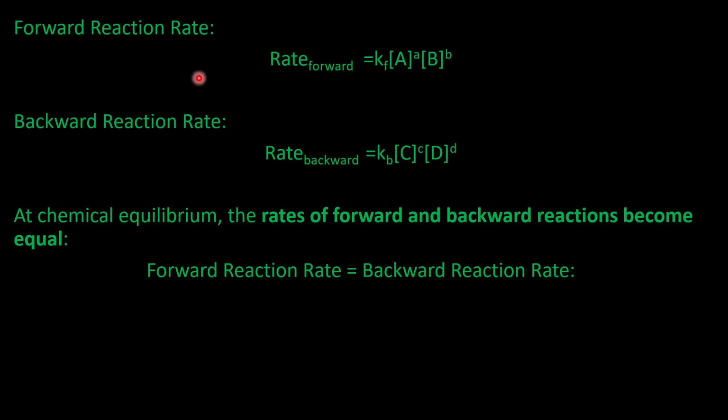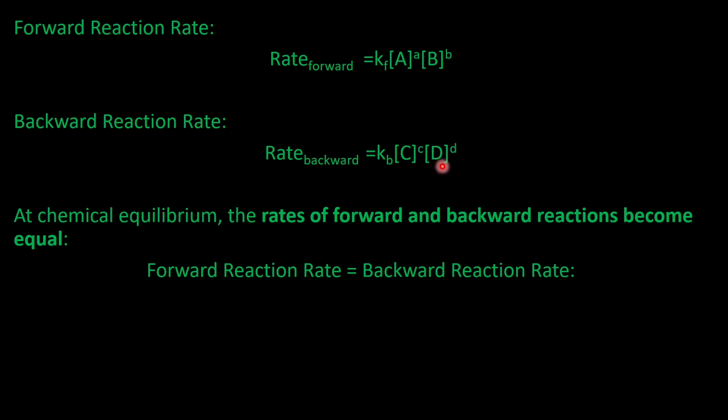So the rate of the forward reaction, by definition, we can write as Kf times the product of the concentrations of the reactants, and the rate of the backward reaction we can write as Kb times the product of the concentrations of the products. F is for forward and B for backward.